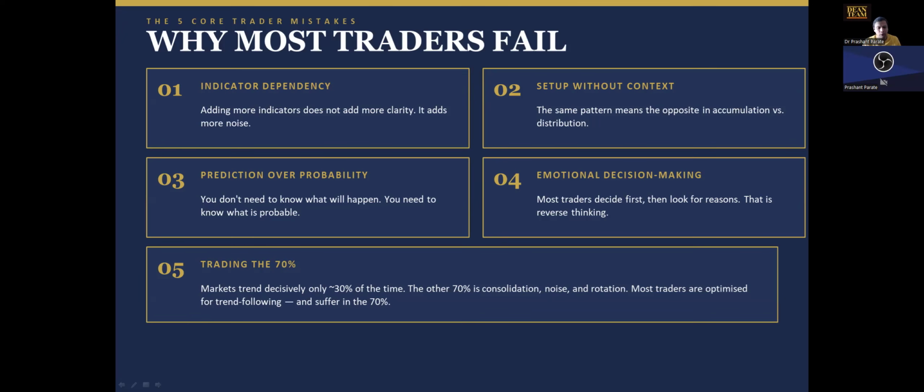So these things are very important. And then they are trading the 70%. What is this 70%? So markets trend decisively only 30% of the times. So whenever you see there is a breakout, it fails 70% times, only 30% times that is successful. And this 70% is a consolidation, it is noise and rotation.